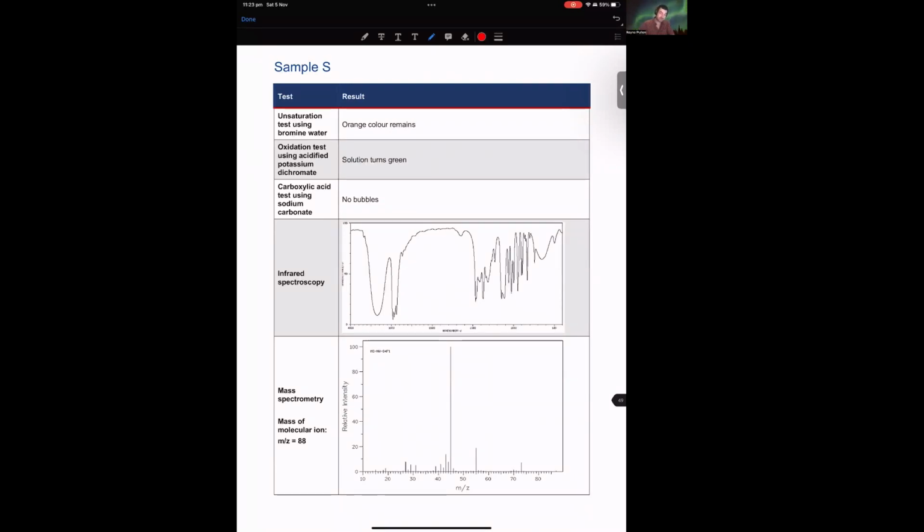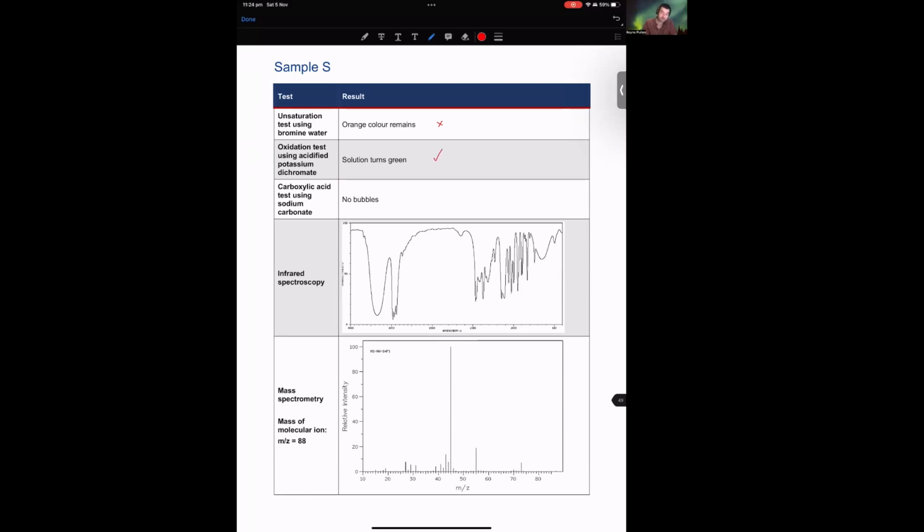Now, the first thing I like to do is to go through these three tests at the beginning. The test for unsaturation is negative, orange color remains, so we're not going to expect to see any double or triple bonds. The test for oxidation, though, is positive.